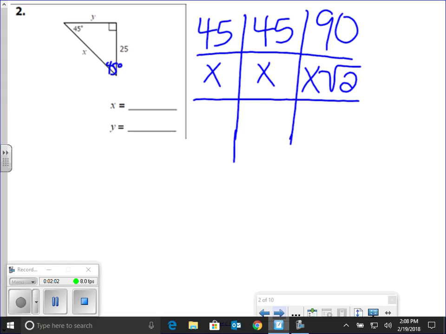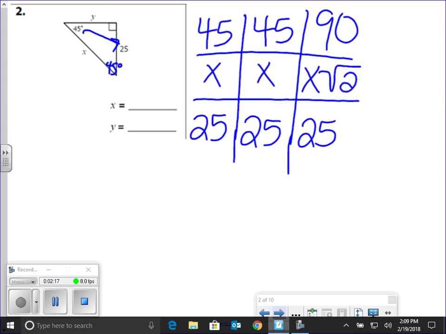Now let's figure out what they gave us in this one. We have this 25, which is across from a 45-degree angle, so that's a leg. The other leg must also be 25, which makes the hypotenuse 25 square roots of 2.